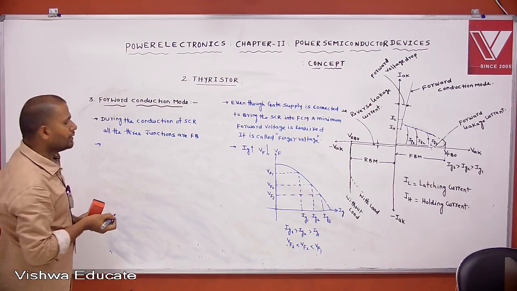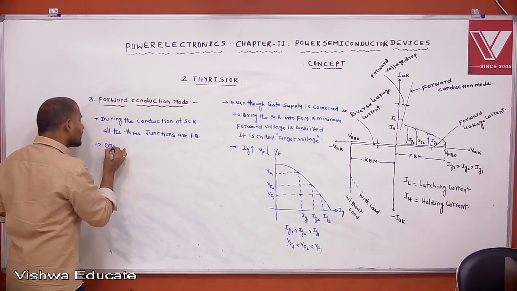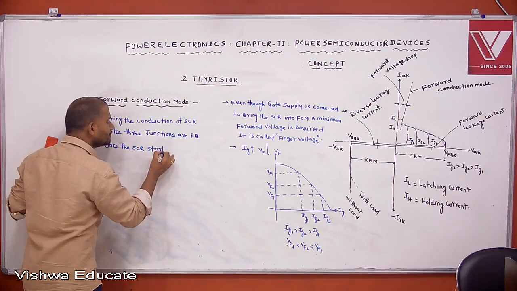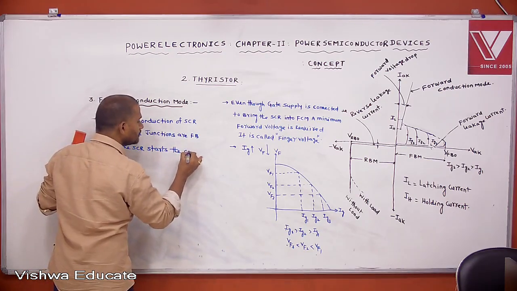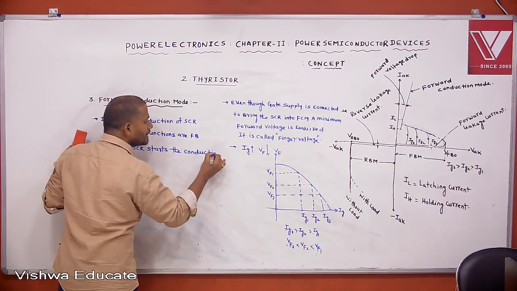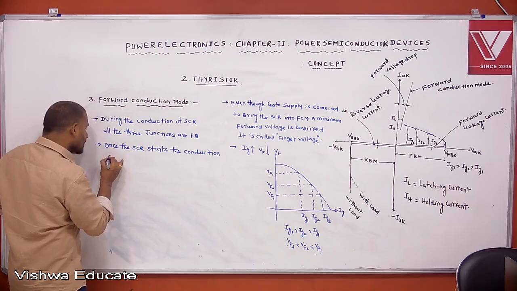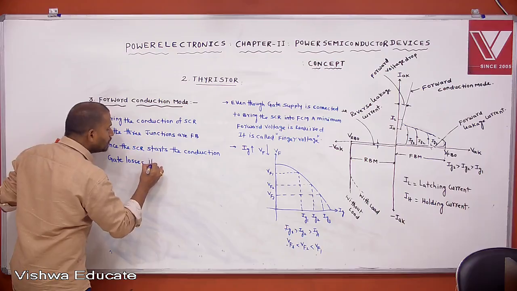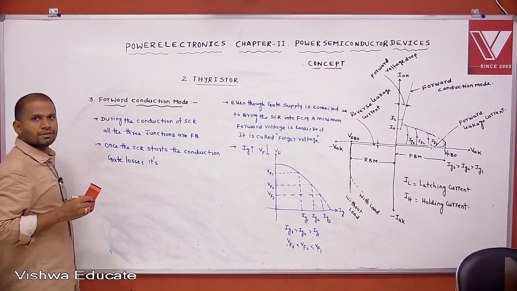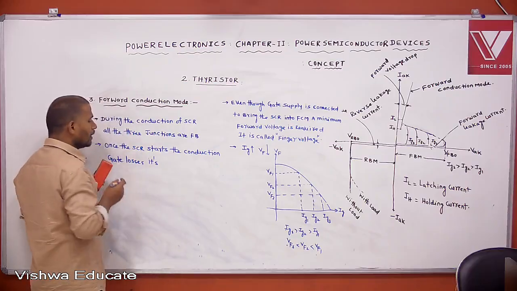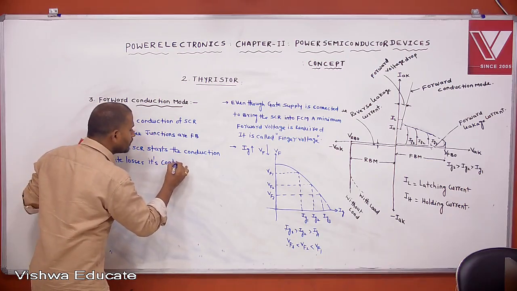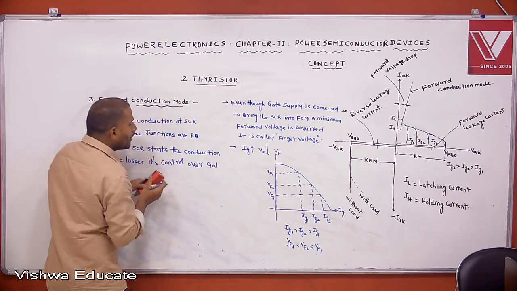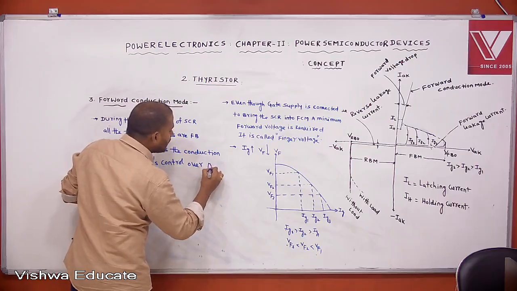Another point. Once the SCR starts the conduction, gate loses its control over anode current.